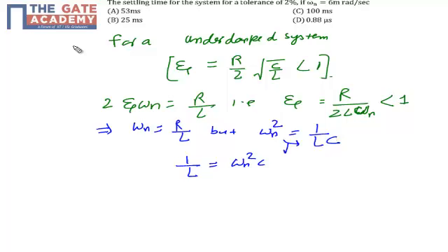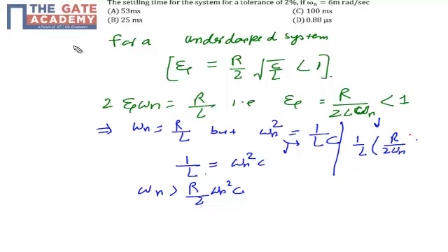This is a second representation of the same equation. This term says that omega n is greater than R by 2 omega n square C. It is because if you put the value of 1 by L in this expression, 1 by L times R by 2 omega n less than 1, in place of 1 by L you put omega n square C times R by 2 omega n less than 1.